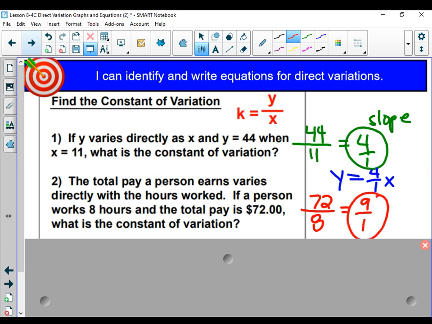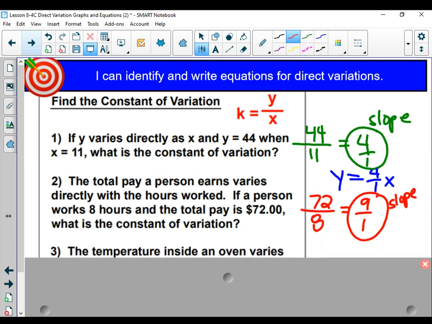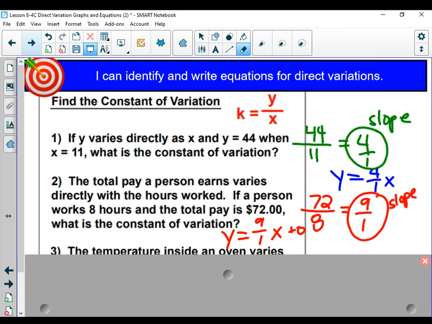I can write my equation so fast. Y equals 9 over 1 x. Just leave it, either plus 0 or don't write anything.